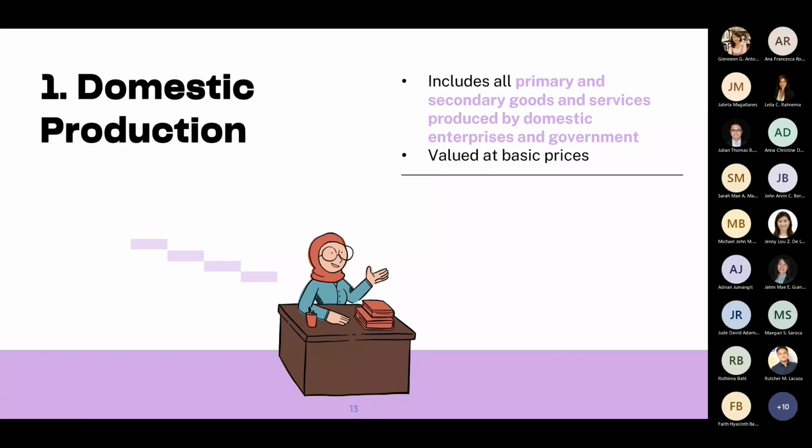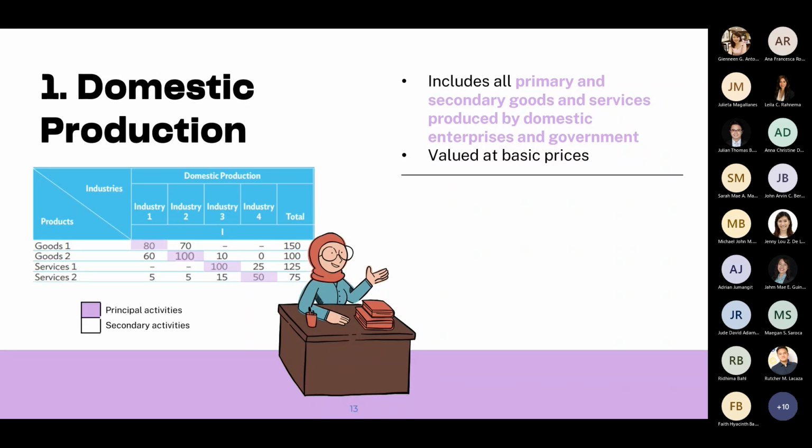This domestic production may come from enterprises in agriculture, industry, construction, trade, transport, and other services. It also includes services produced by the government, which are valued at cost of production. So the domestic output matrix reflects the principal and secondary products of industries, including byproducts.